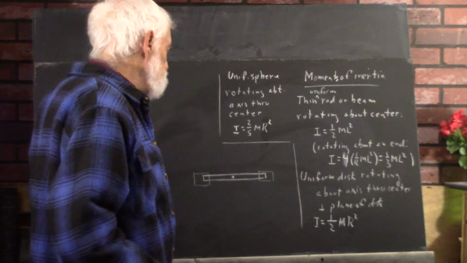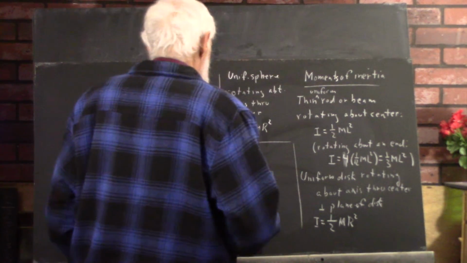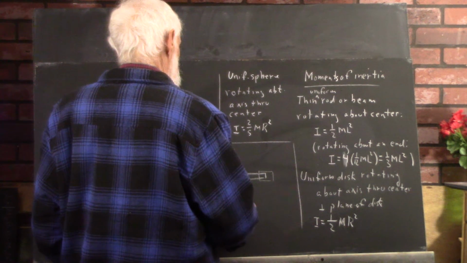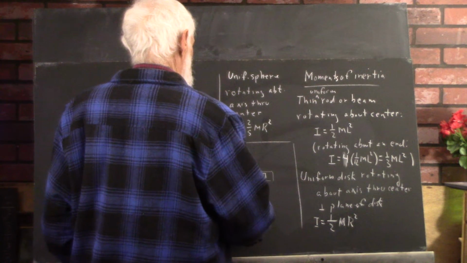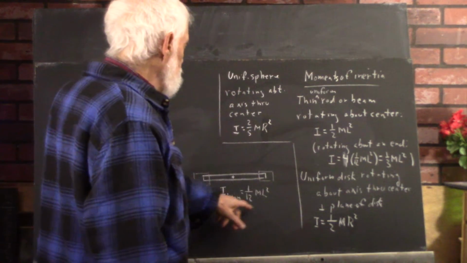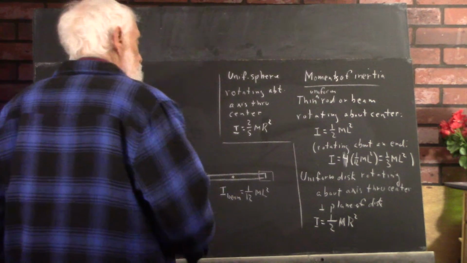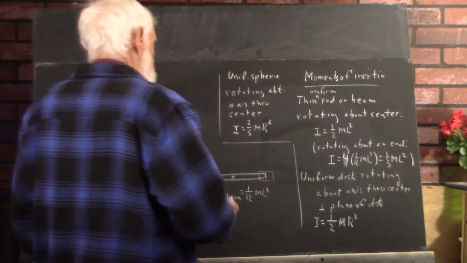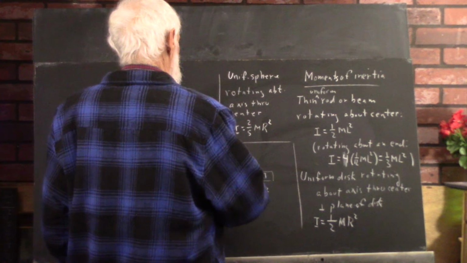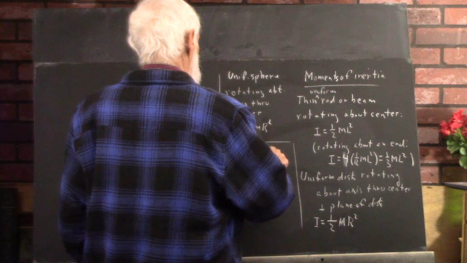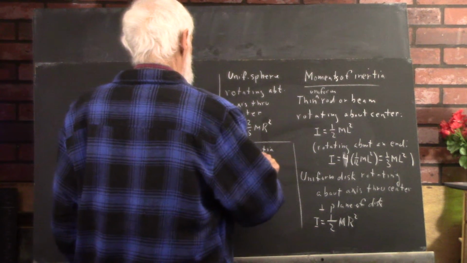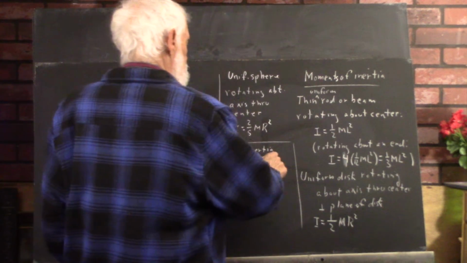So let's just say the moment of inertia about the beam is 1/12 ml squared, and the moment of inertia of each of these has a moment of inertia about its center of mass.